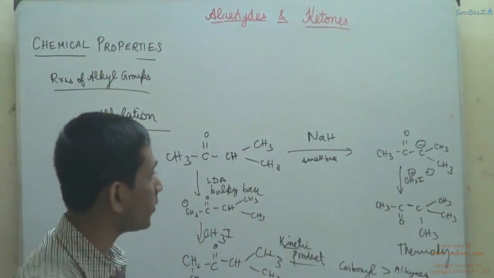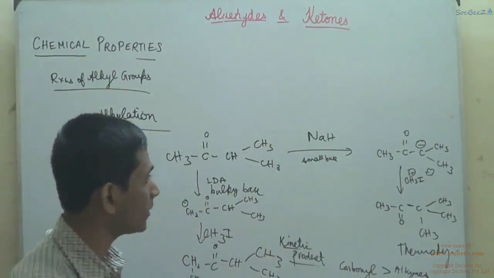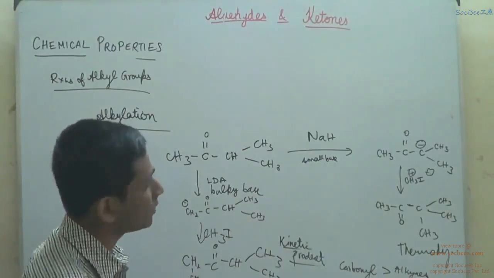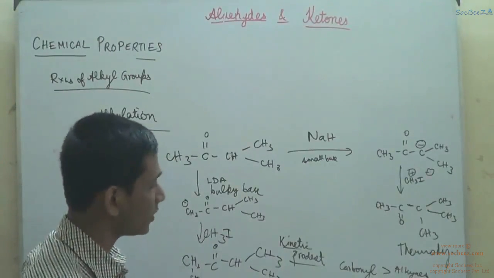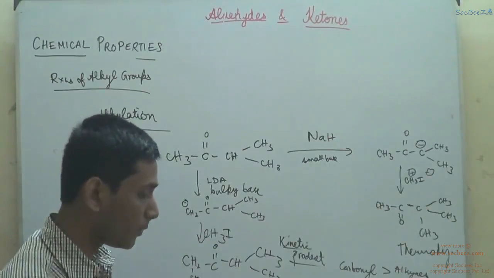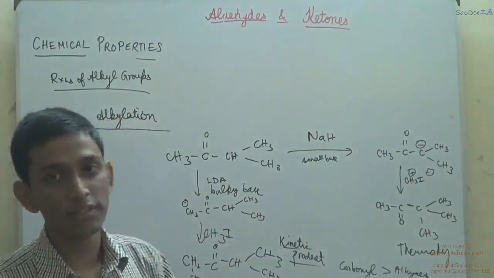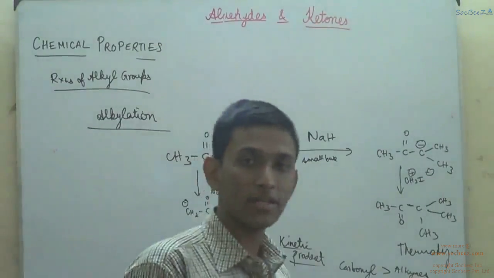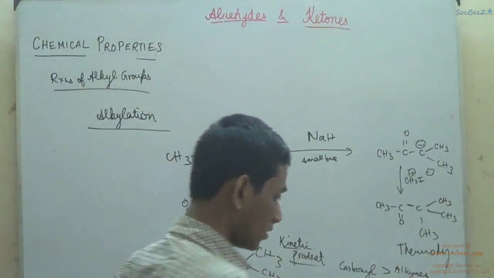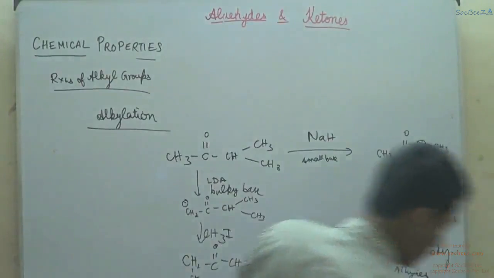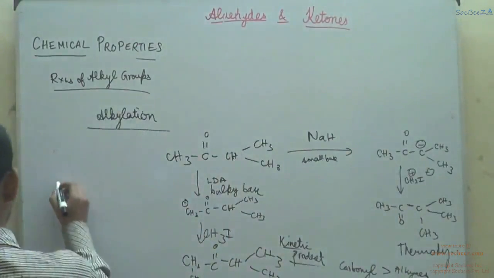So that is the thermodynamic product, this is the kinetic product, and depending upon the acidity of hydrogen, this is formed. Now you see in this case, these are carbonyl compounds, and acidity is always better than your alkynes. So let me see one more.